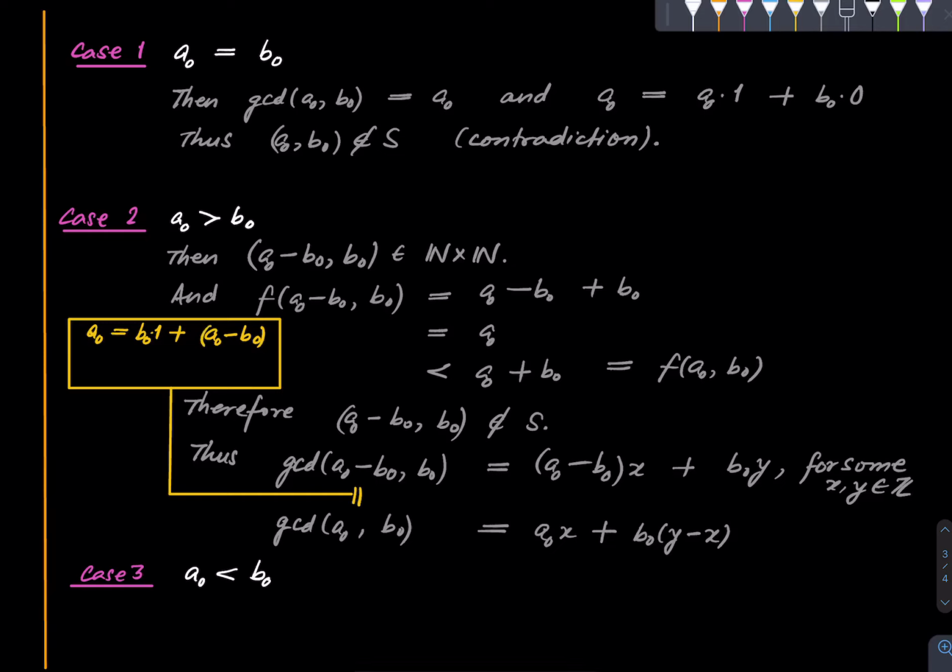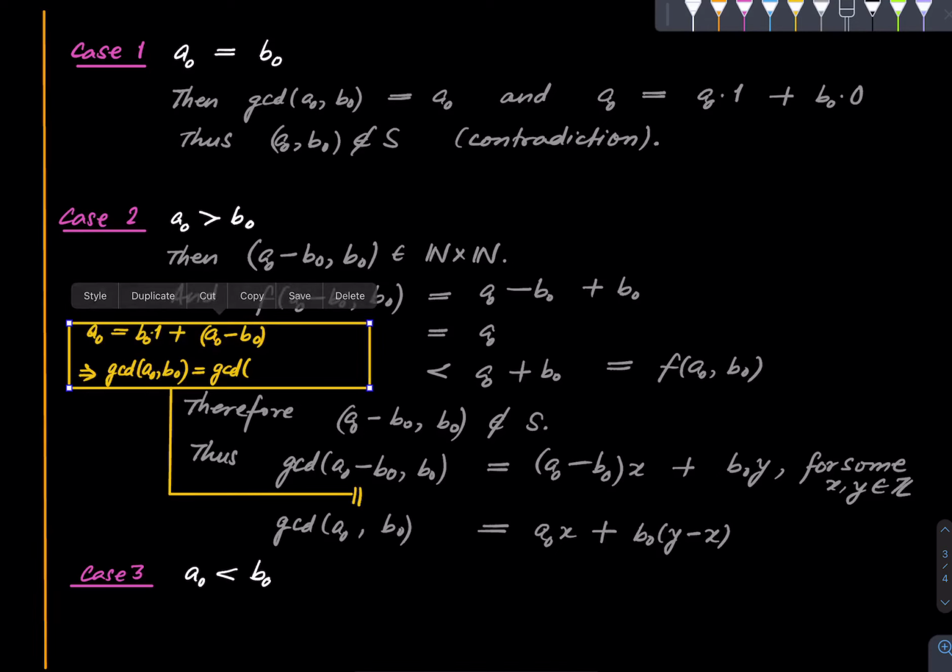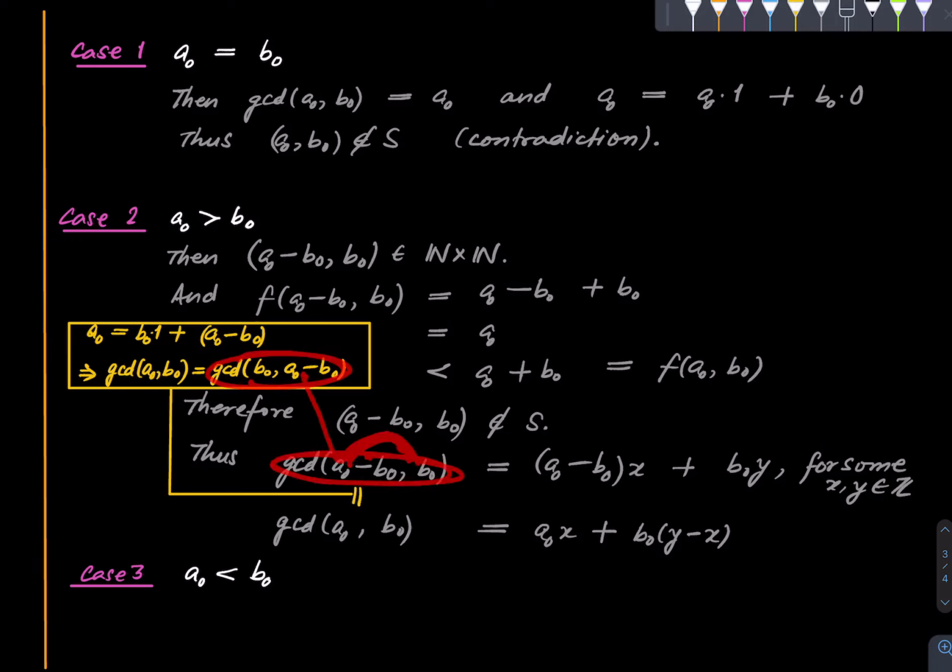And you can think of this as a naught is equal to b naught q plus r. You can think of it that way. So therefore, we get, by what we recall, that the GCD of a naught comma b naught is equal to the GCD of b naught comma a naught minus b naught, right? That's what we recalled. But this number is the same as that number, just the entries are shuffled, and shuffling entries doesn't change the GCD. So that justifies this equality, and therefore this case is also dealt with.